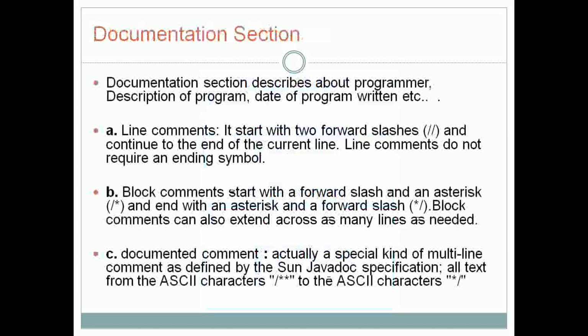Now the program starts with the documentation section, and the documentation section describes the programmer and the description of the program, the date on which the program is written, the date on which the program is compiled, the date on which it was last modified, for which company this program is developed, and if any algorithms are used in the program, the description of those algorithms.